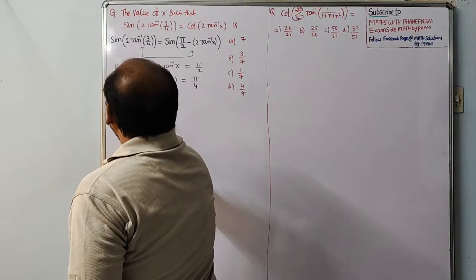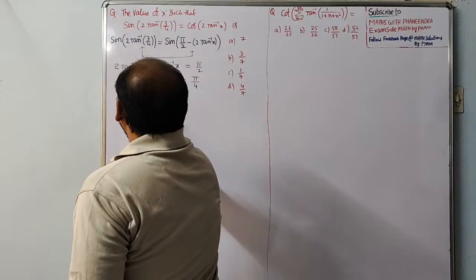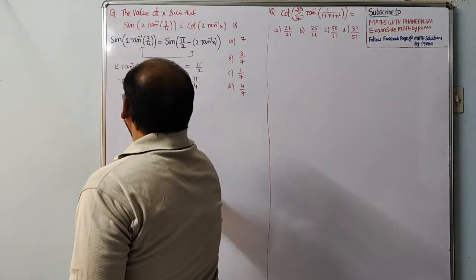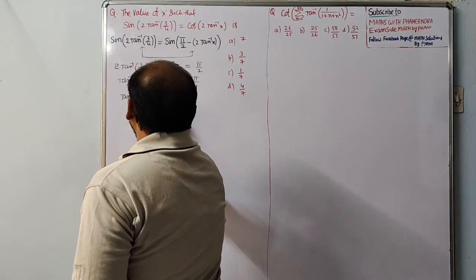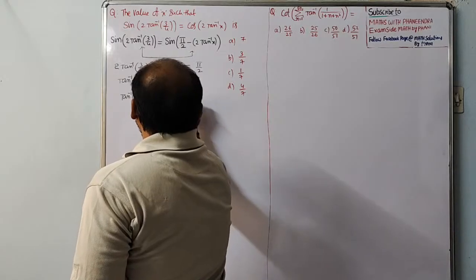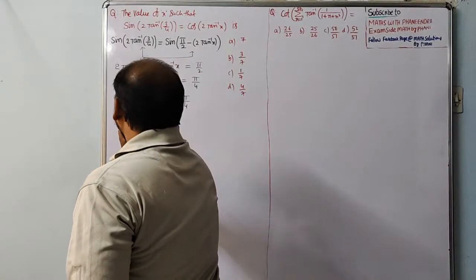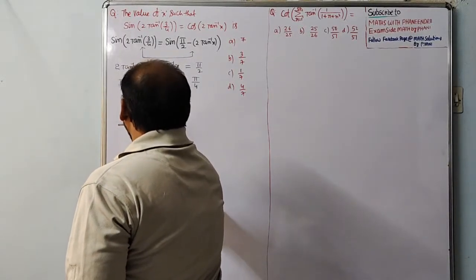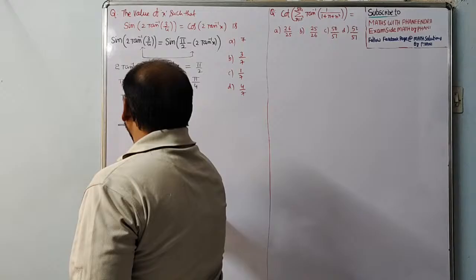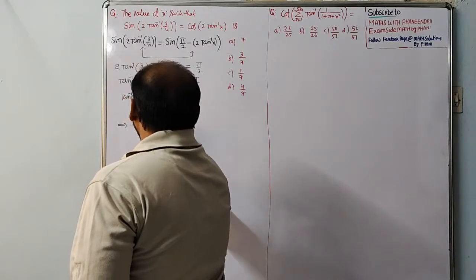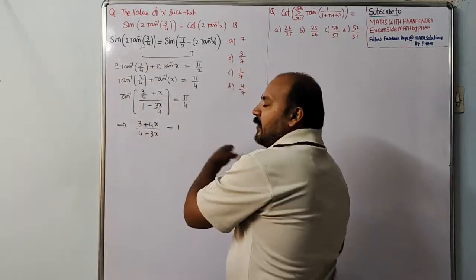Tan inverse of 3 by 4 plus x divided by 1 minus 3x by 4 is equal to pi by 4. So tan inverse, bring this side, by taking LCM and simplifying, 3 plus 4x divided by 4 minus 3x is equal to tan pi by 4, value 1.